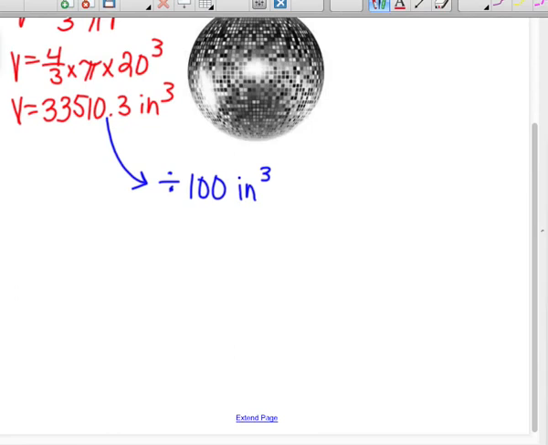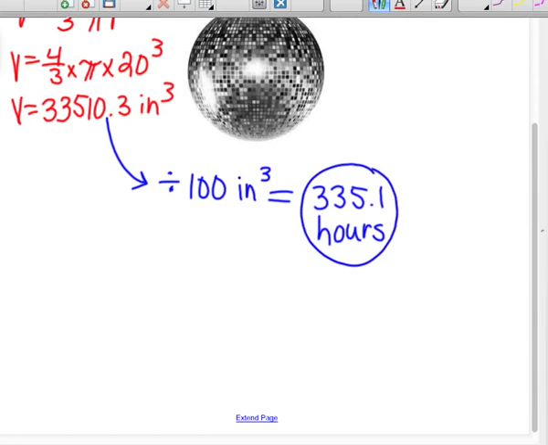So on your calculator, you take 33,510.3, you divide by 100, and lo and behold, it would take 335.1 hours for our disco ball to lose all of its volume and shrink down to basically nothing. If you could even imagine a shrinking disco ball.